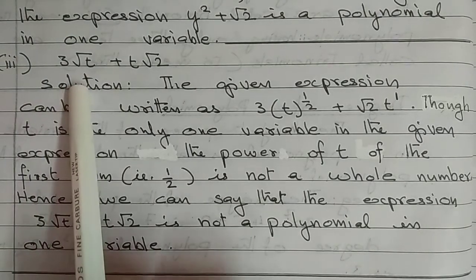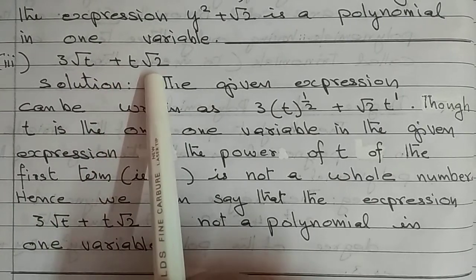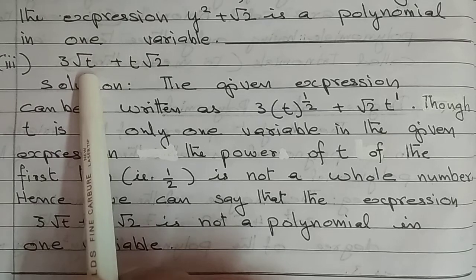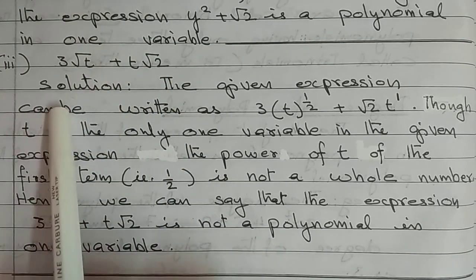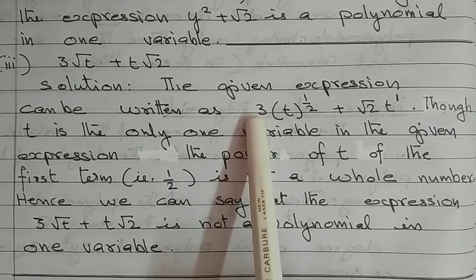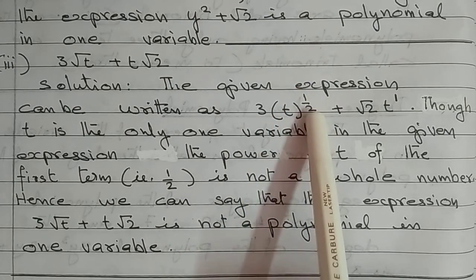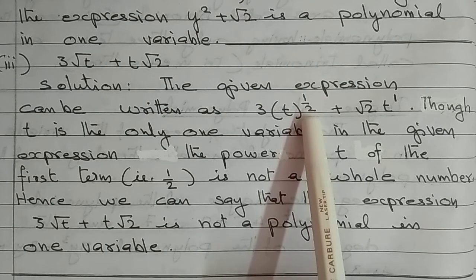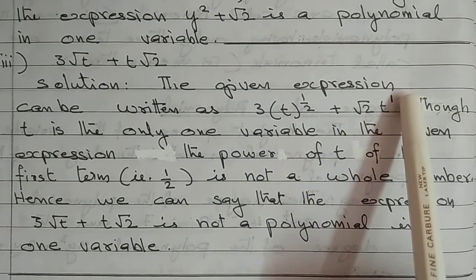Third part, 3 root t plus t root 2. That is, 3 into square root of t plus t into square root of 2. Solution. The given expression can be written as 3 into t raised to the power of 1 by 2 plus root 2 into t raised to the power of 1. Square root of t means t raised to the power of 1 by 2.